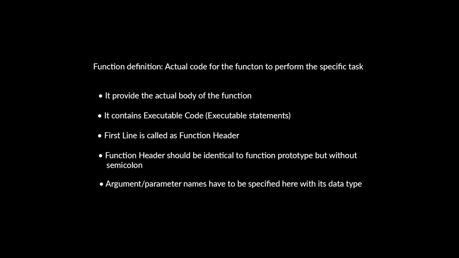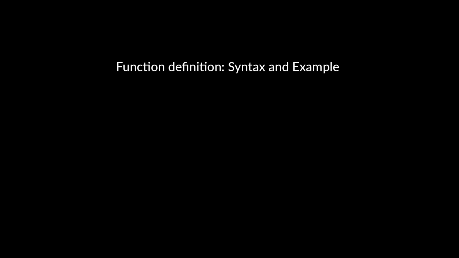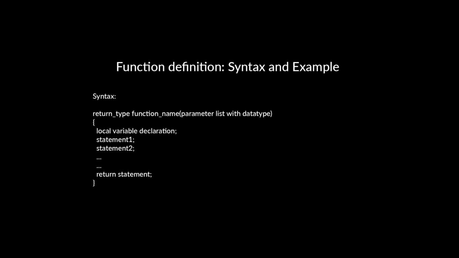Now let us see a simple example so that I can explain more about the function definition with the syntax and example. The syntax is, as I told earlier, return type followed by the function name, and then inside the parenthesis we will have the parameter list with data type, and inside the curly braces we will be having the local variable declaration, and then we will be having the statements like statement 1, statement 2, and it will go on till n number of statements.